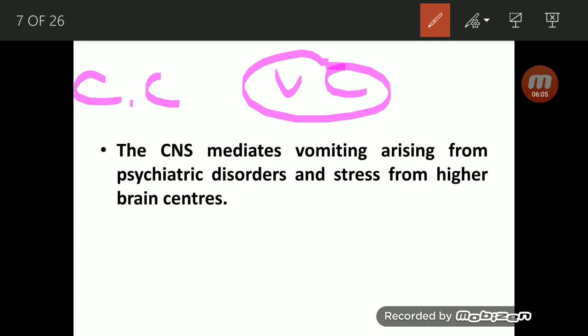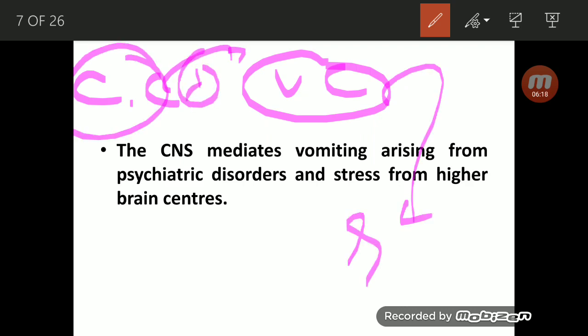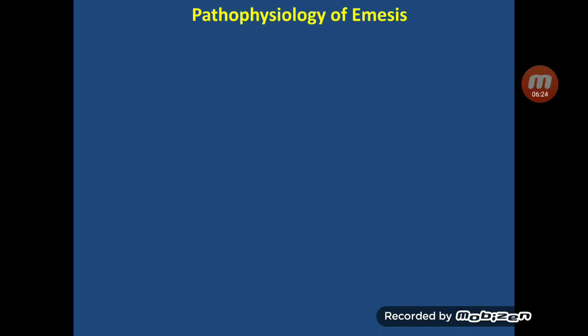Normally, the cerebral cortex, whenever you see a disgusting sight or smell something very disgusting, also activates your vomiting center, which induces emesis. So in this case, you have your vomiting center, which is present in your medulla oblongata.